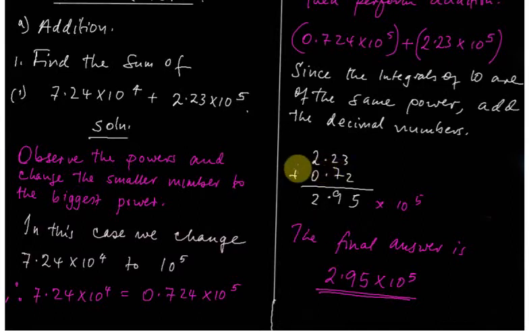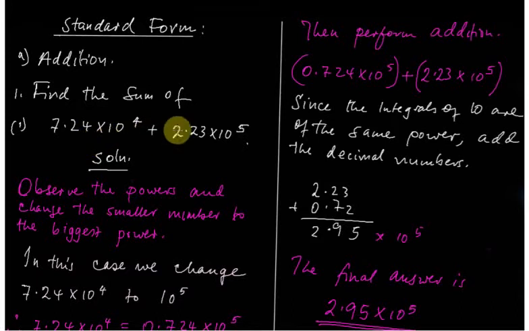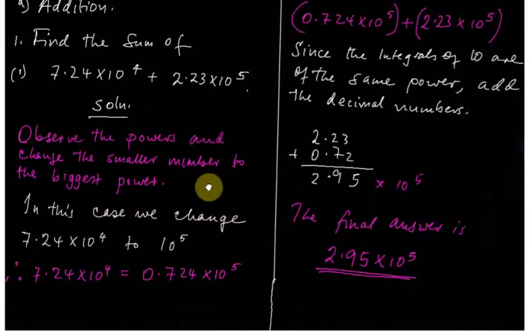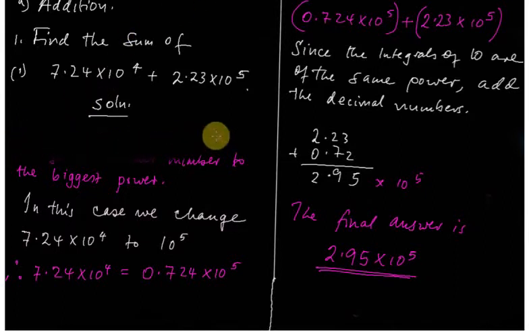However, we can do this by changing these two numbers into decimal numbers, adding them, and then writing them again in standard form. If you find that this is a bit challenging, you can do that. Let us look at the alternative.